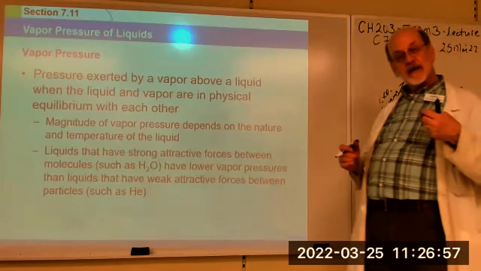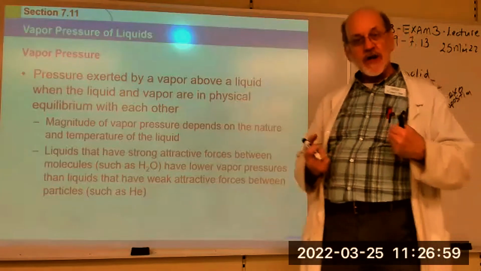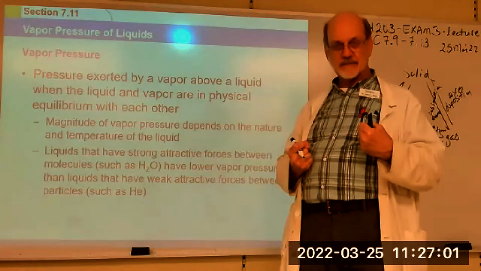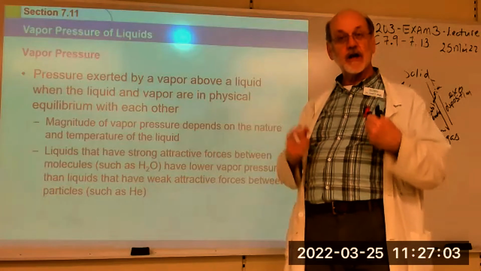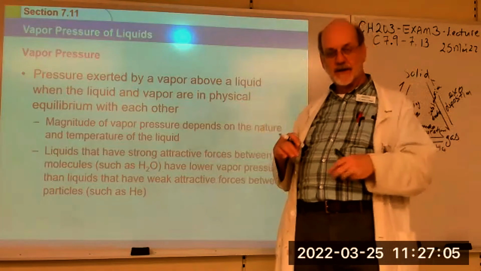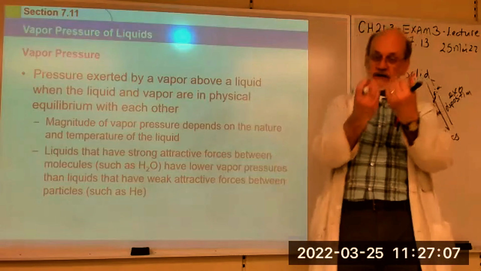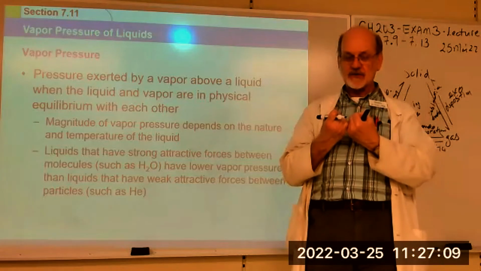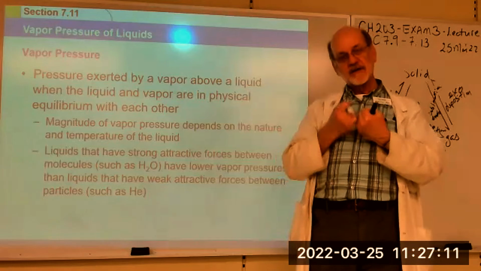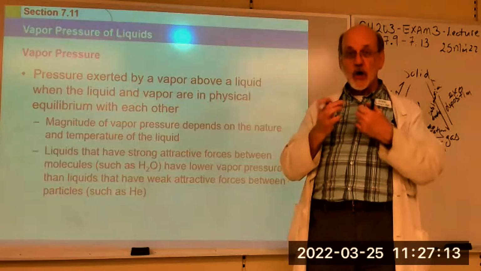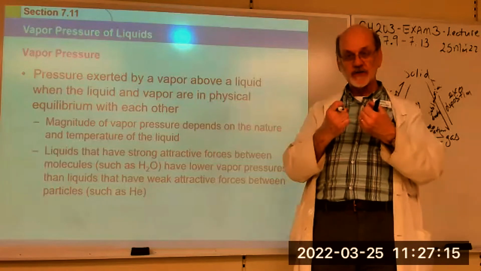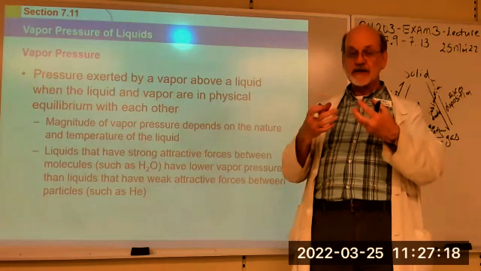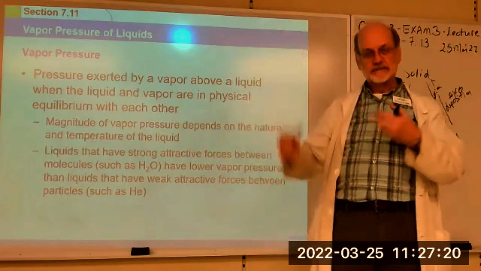Liquids that have very strong cohesive forces tend to have very low vapor pressure because the forces are holding them in the liquid phase at that temperature. Whereas a substance with very low cohesive forces among the molecules will be more likely to evaporate.